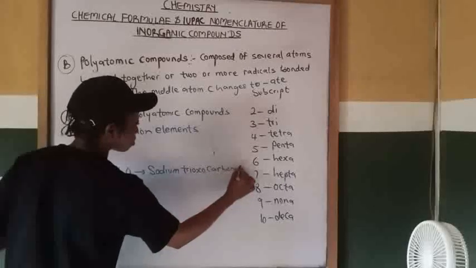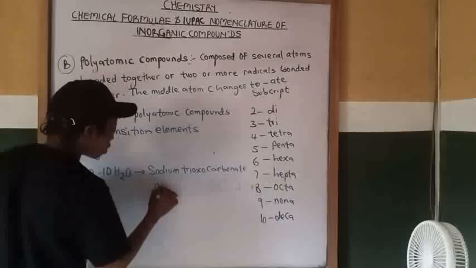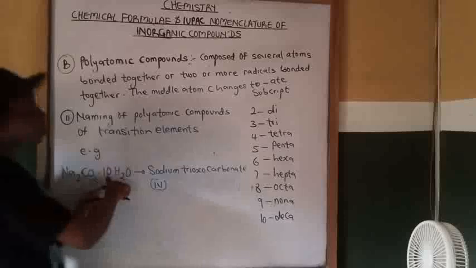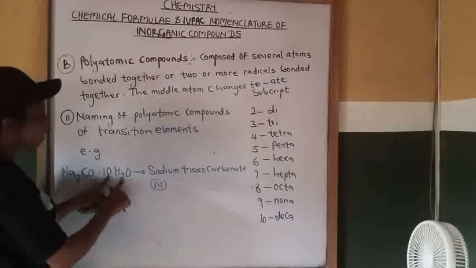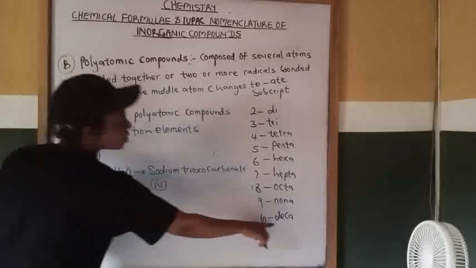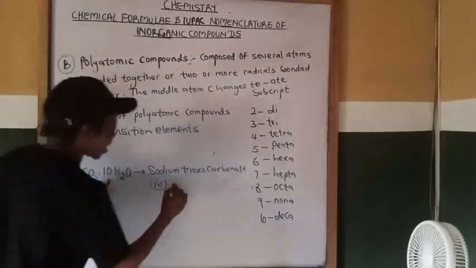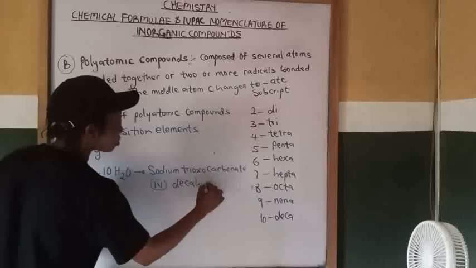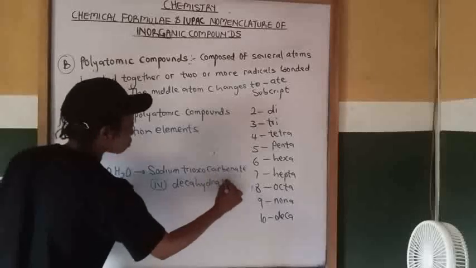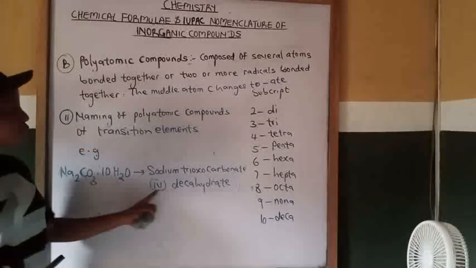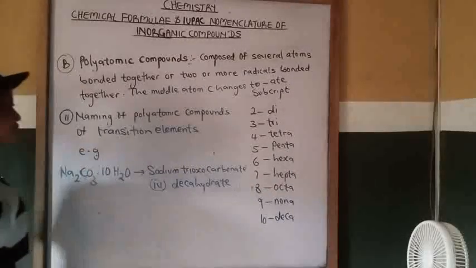Then we have 10 water molecules, and water changes to hydrate. 10 is deca, so we call it decahydrate. So the name of this compound is sodium trioxocarbonate 4 decahydrate.